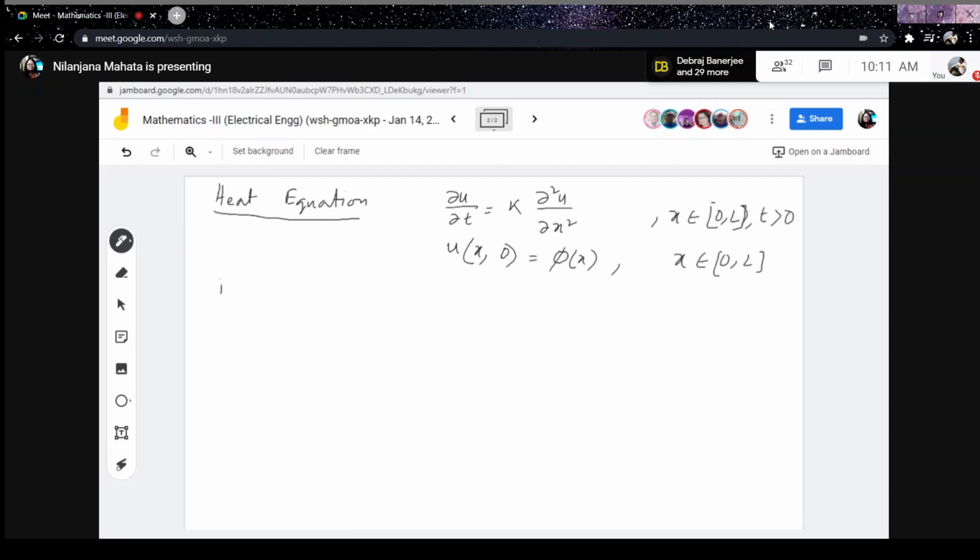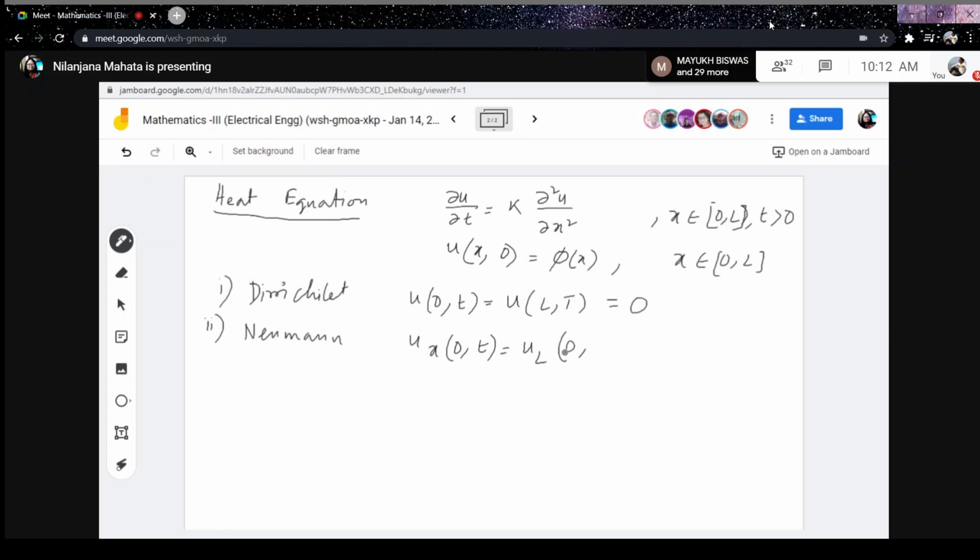Your conditions may be Dirichlet, that is U(0, t) equal to 0 and U(L, t) equal to 0. It may be Neumann, that is U_x(0, t) equal to 0 and U_x(L, t) equal to 0. Sorry, this is capital L, that is your limit.